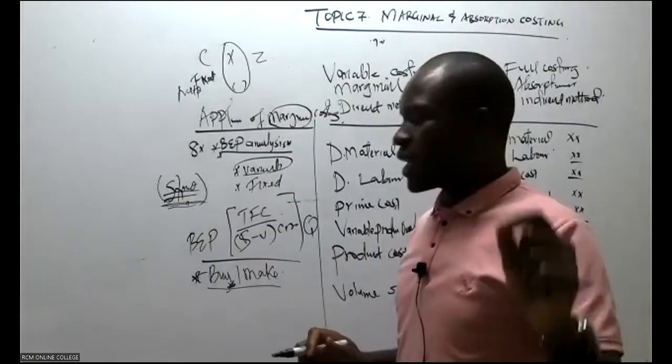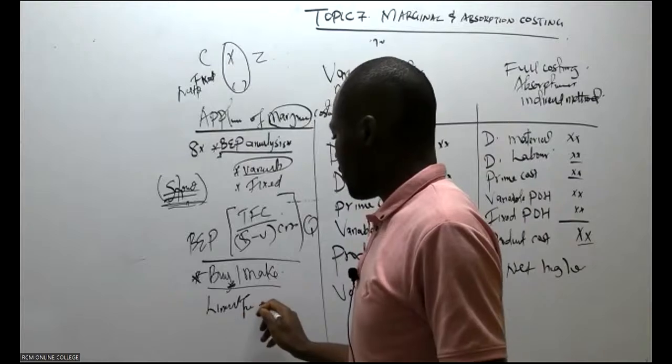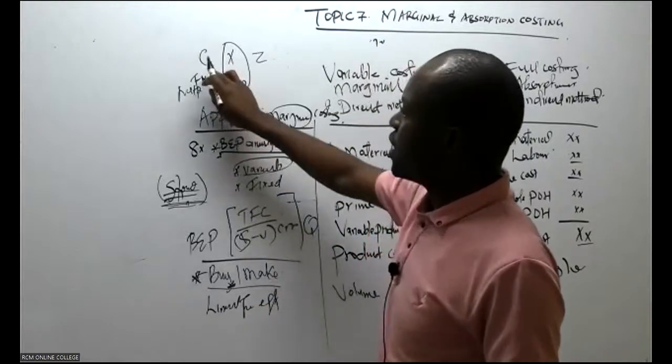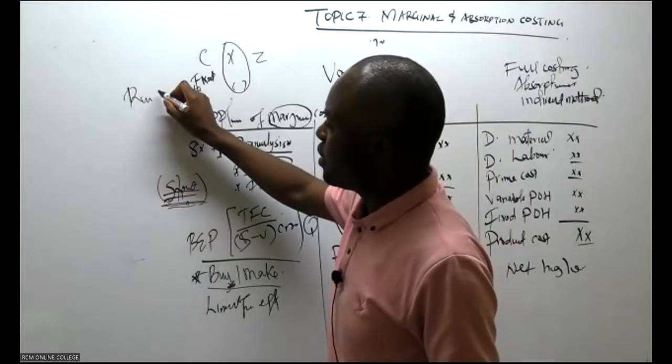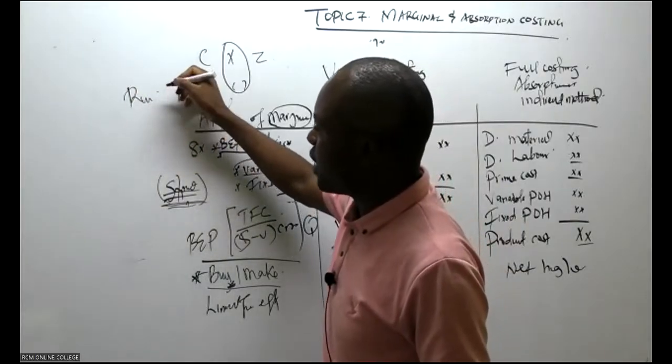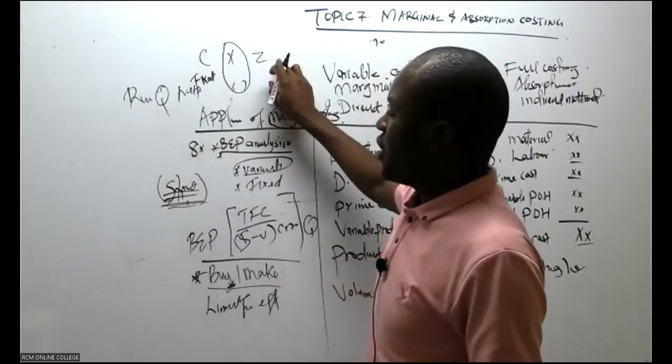The limiting factor effect. A company is producing these three products, but raw material Z, or let's say Q, is being used to produce the three products.